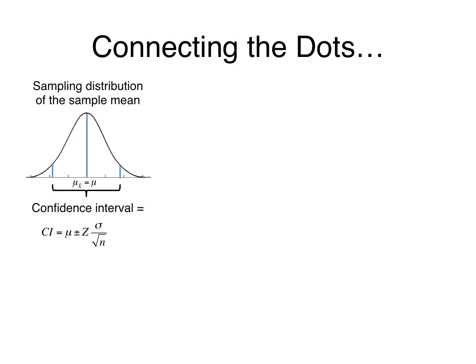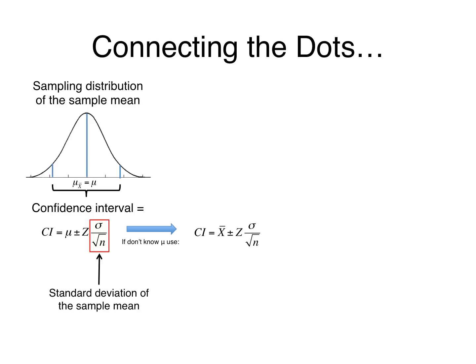Our confidence interval formula includes our z-score and the standard deviation of the sample mean. The standard deviation of the sample mean tells us how far sample means vary from the true mean on average. It's also possible that we have a situation where we know the population standard deviation, but not the population mean.